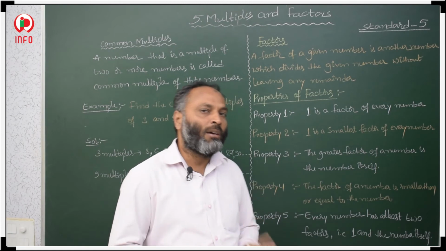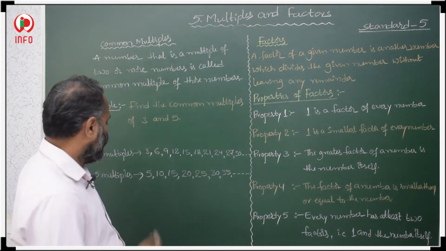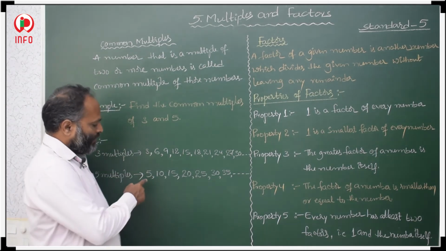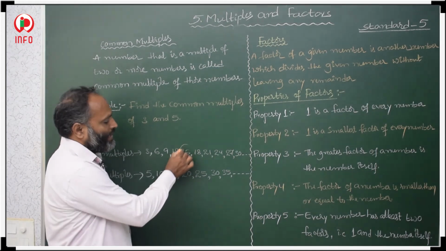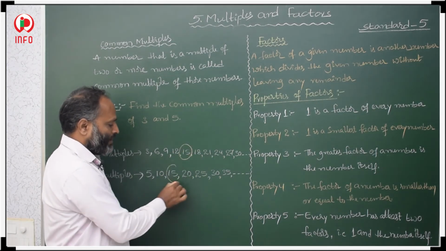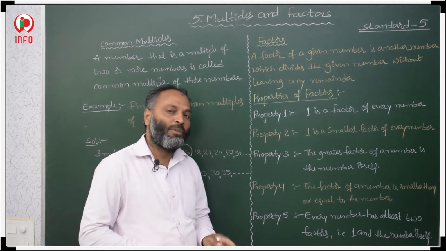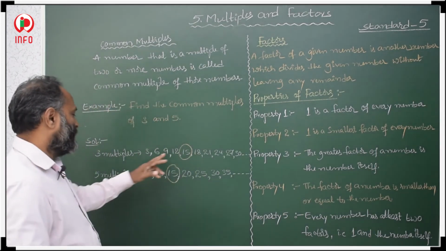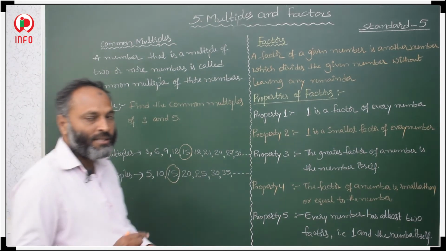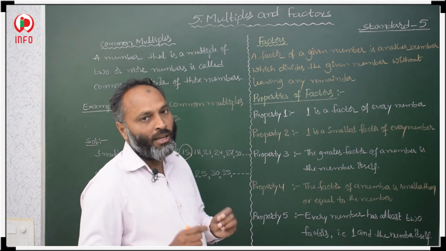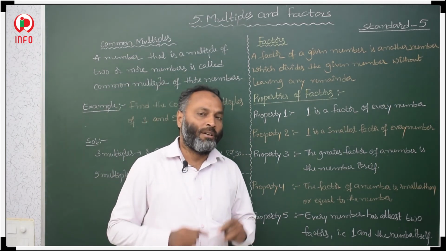What is common in both? 5 is not there, 10 is not there, 15 is there in both. 15 is a multiple of 3 as well as of 5, because 15 is in the 3 table as well as in the 5 table. That is why it is called a common multiple.